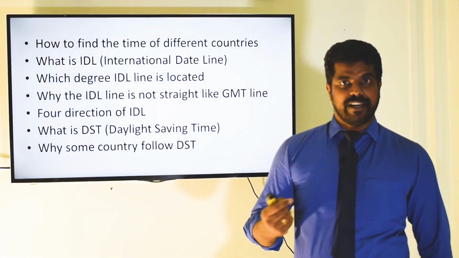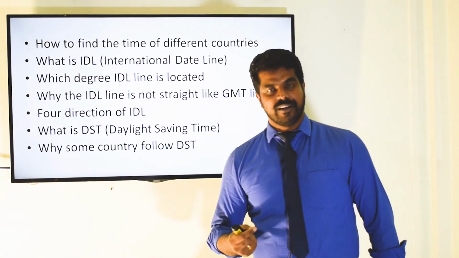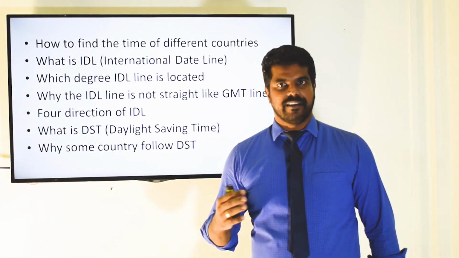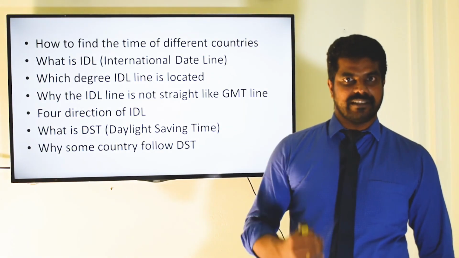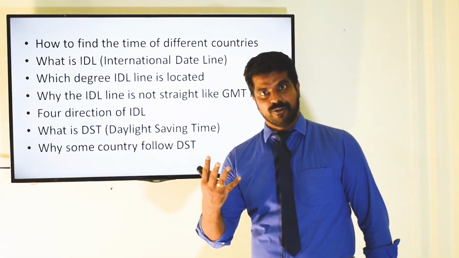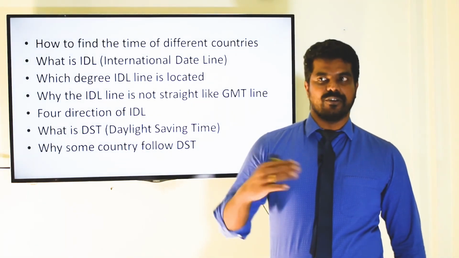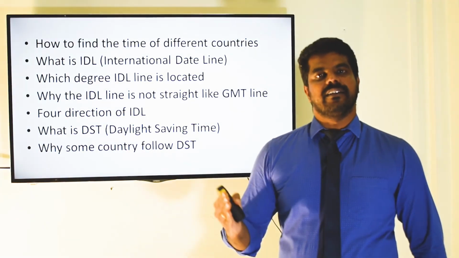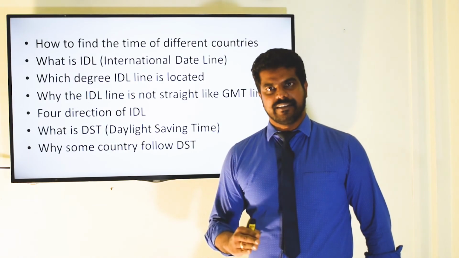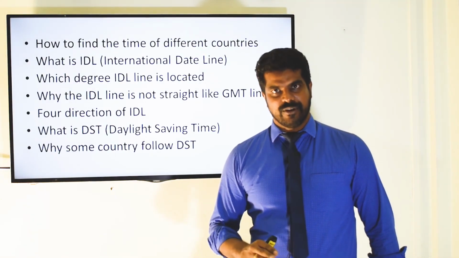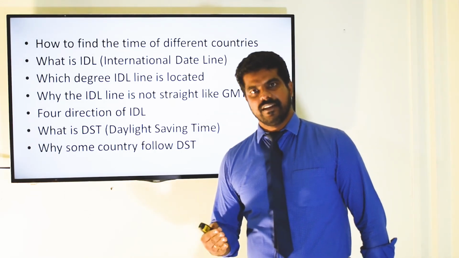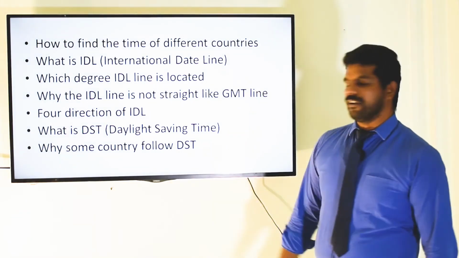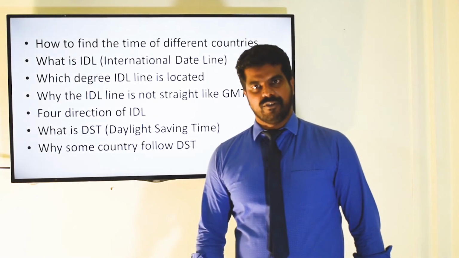That means instead of waking up at 5 o'clock, they wake up at 4 o'clock and go to the offices, and they will save the electricity in the daytime because the sun rises early in the summertime. They will have good sunlight. So they go to the office, and after that, the electricity they saved in the daytime, they use in the night time. So that's the reason they follow this daylight saving time.